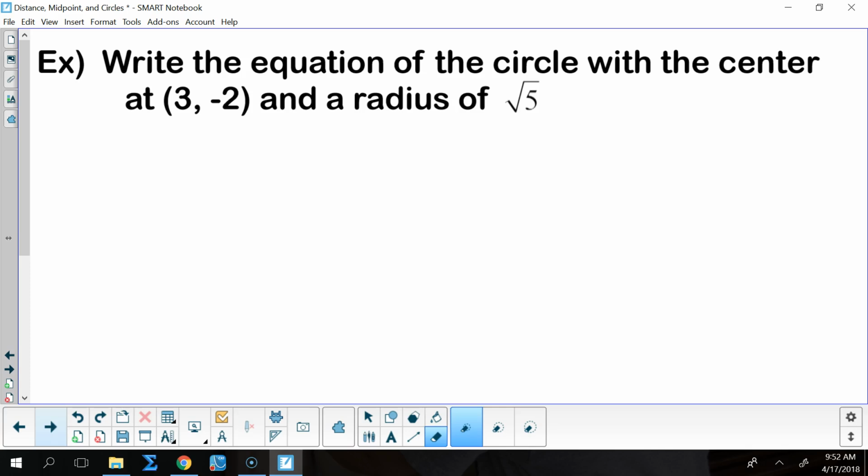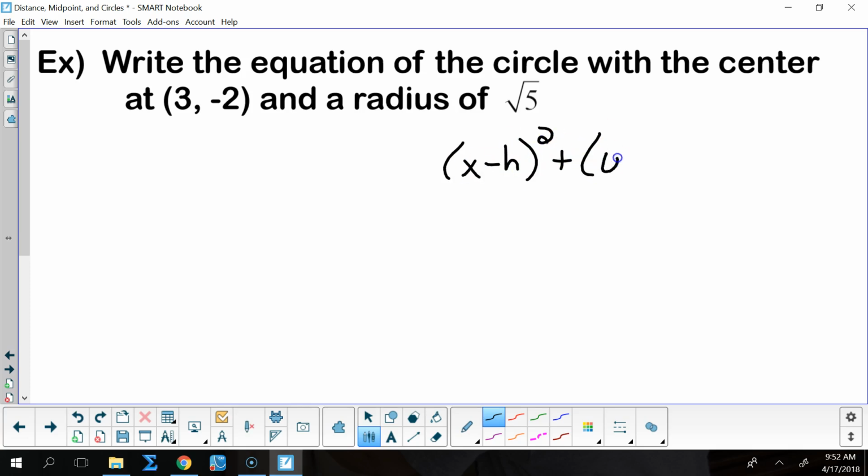So, if we're writing the equation of a circle, we need the center and we need the radius. So if we're writing here, I'm going to start with my equation, x minus h, quantity squared, plus y minus k, quantity squared, equals r squared. And then this is h, this is k, and this bad boy over here is r.